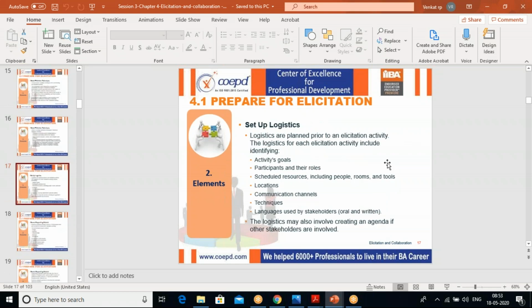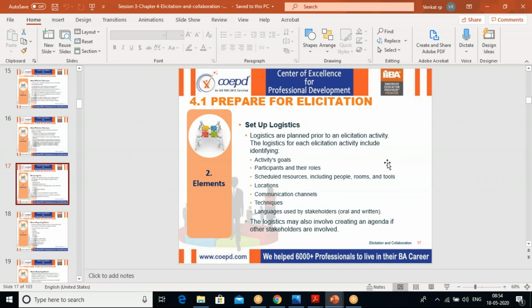And then the next one is we have to set up logistics. Before we start an elicitation activity, logistics should be planned. These logistics depend on the following parameters.